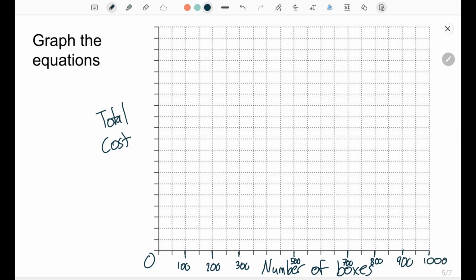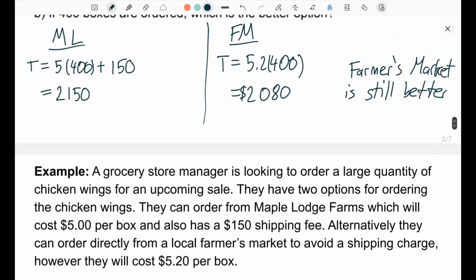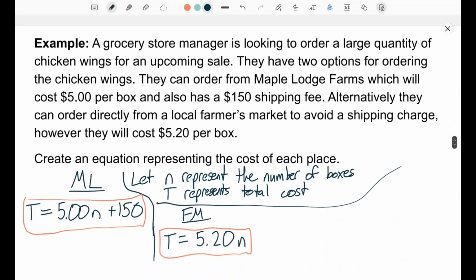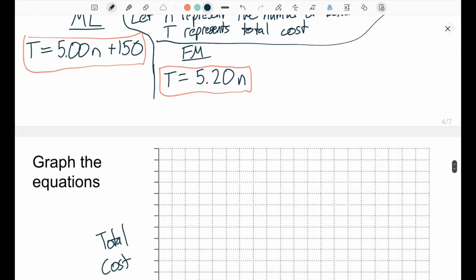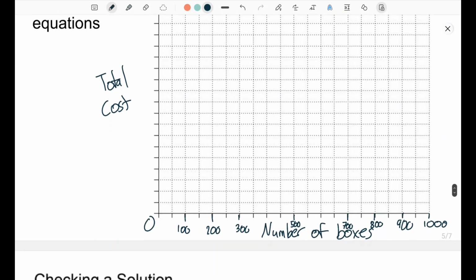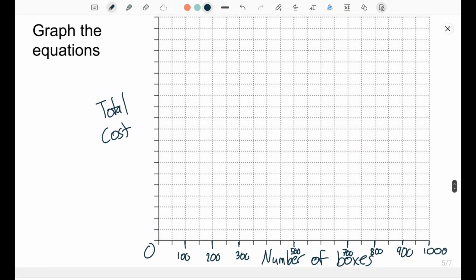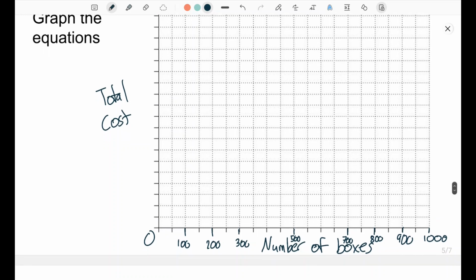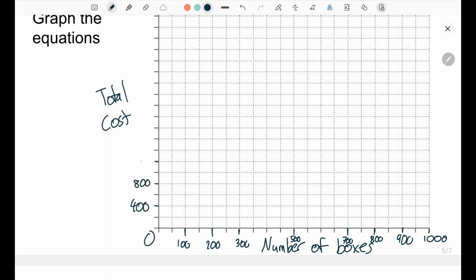All right, and the total cost? If we look back, we were getting around 1,000, 2,000. It's going to go up to 3,000, 4,000. Let's do it every 400: 400, 800, 1,200.